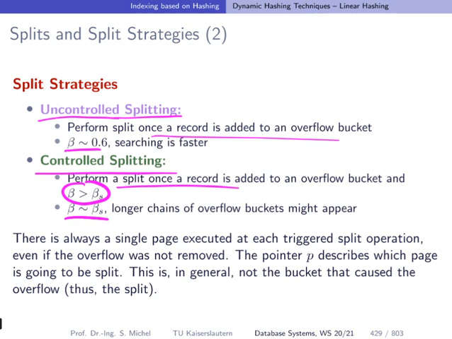In this case, after some time running the algorithm, in expectation the allocation factor of linear hashing will be around the allocation factor threshold that we have set, beta S. In this case, of course, because you're not splitting whenever any overflow happens, but in addition this allocation factor threshold has to be crossed, this can lead to longer chains of overflow pages.